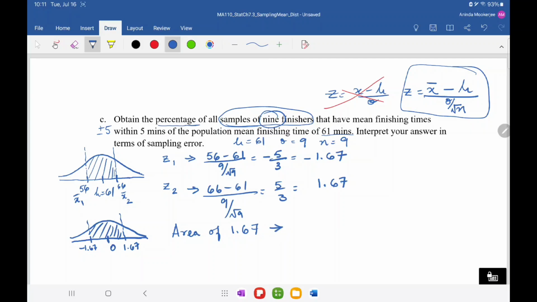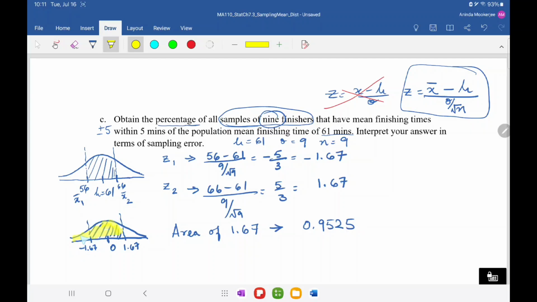Again, you can check this on the table. I'm not going to bring up the table now, but the area is 0.9525. That's the area to the left. So all this area is 0.9525. But we do not need the area outside this bounded region, correct?